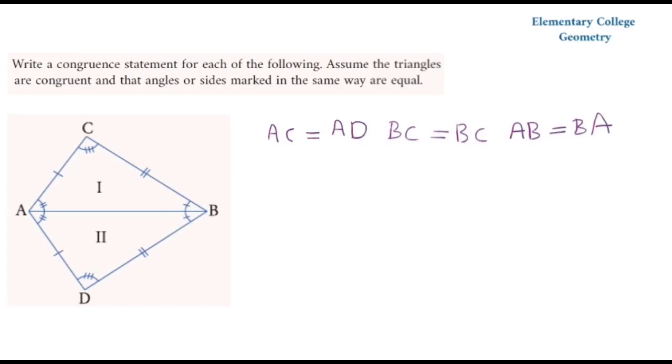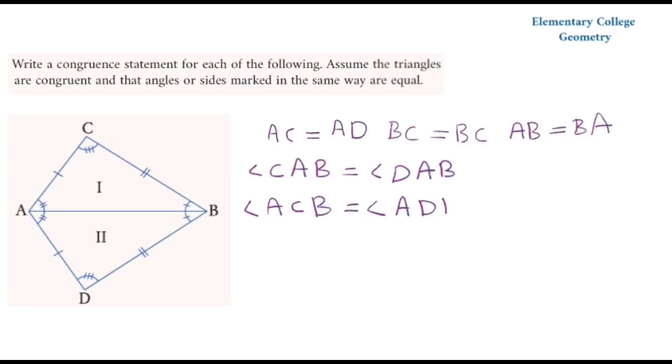And for the angles, two angles of CAB and DAB are equal, and two angles of ACB and ADB are equal, and two angles of ABC and DBA are equal.